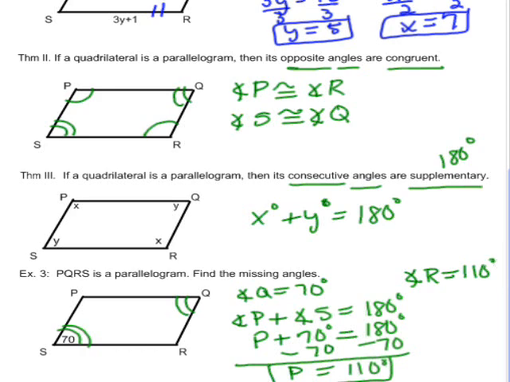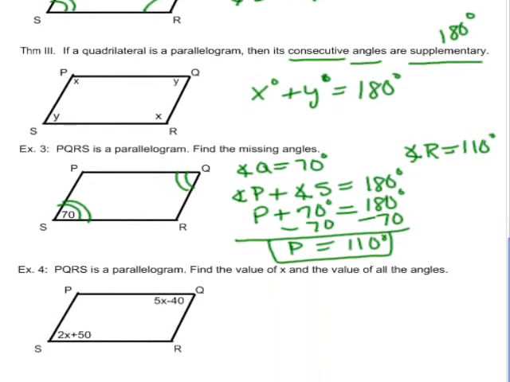Well, let's do one more example. Example 4 says that in parallelogram PQRS, find the value of x and the values of all the angles.